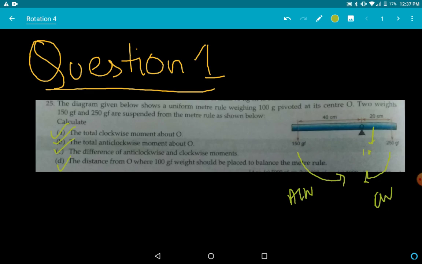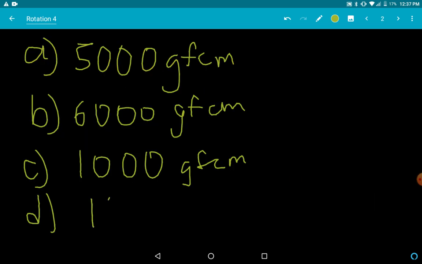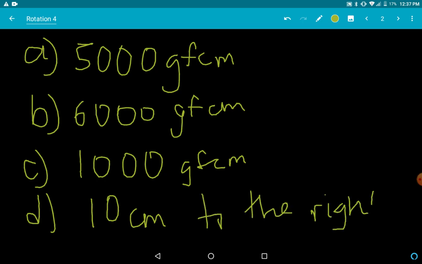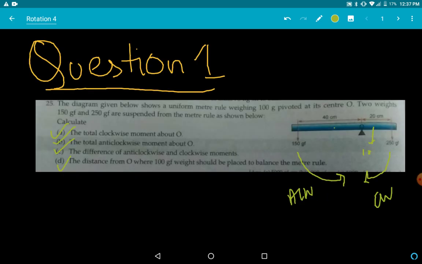Distance from O where 100 gf should be placed. You will write 10 centimeter to the right, because if you had placed it on the left here, that would have been wrong.